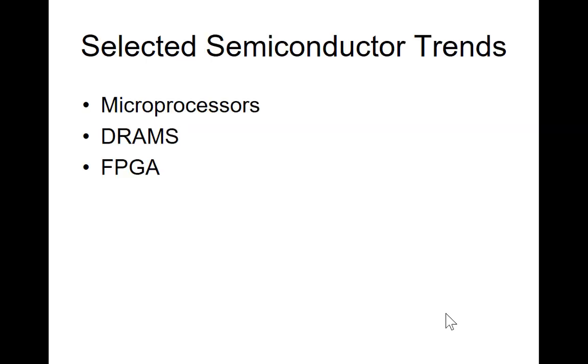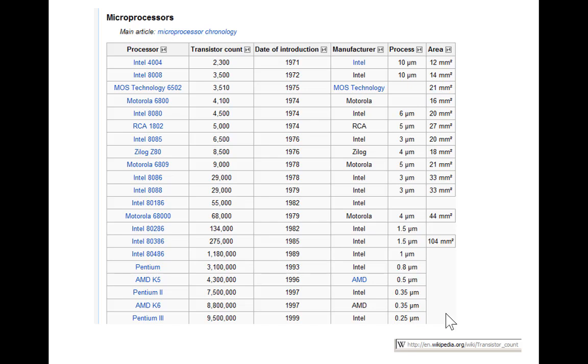I'd like to look at a few selected trends in microprocessors, DRAMs, and FPGAs. If you look at microprocessors, the first microprocessor was introduced in 1971, and it had 2,300 transistors. It was an Intel 4004. It was built in a 10 micron process. We'll talk about the feature size of the process a little bit later.